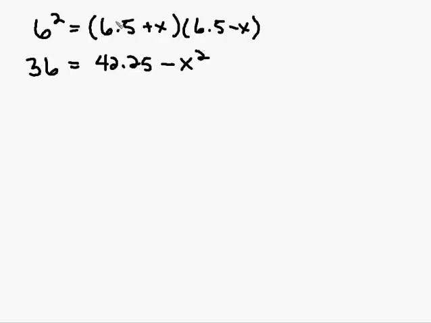If I do my foiling method, I'll see that plus x times 6.5 and minus x times 6.5 gives me 0. So I'm just left with the first values multiplied by each other, 42.25, and then the last two values, minus x squared, and then I solve from here.